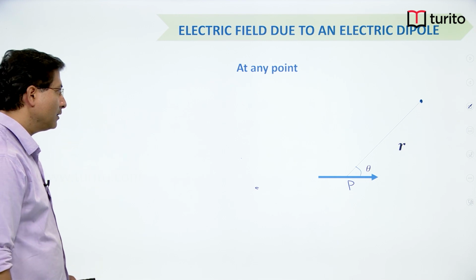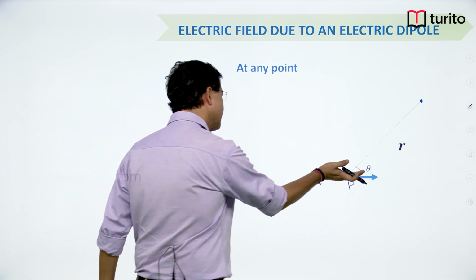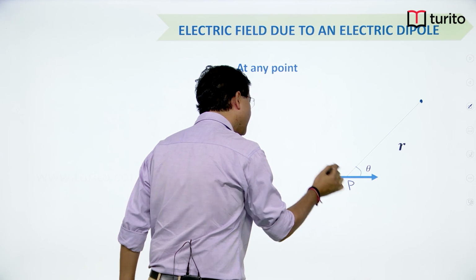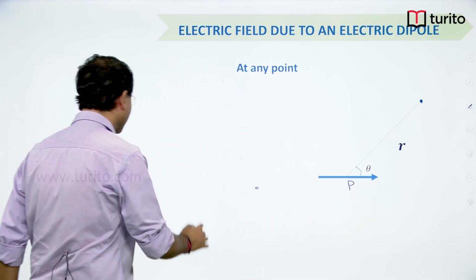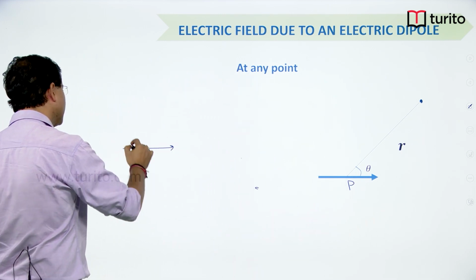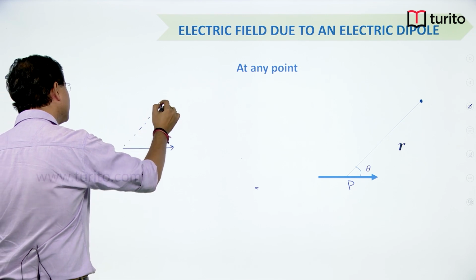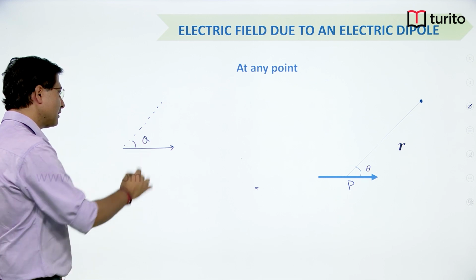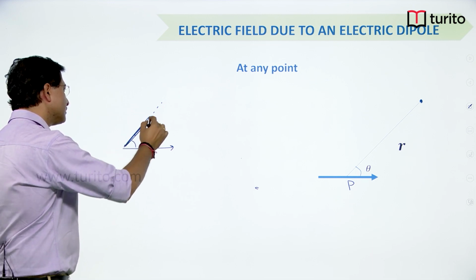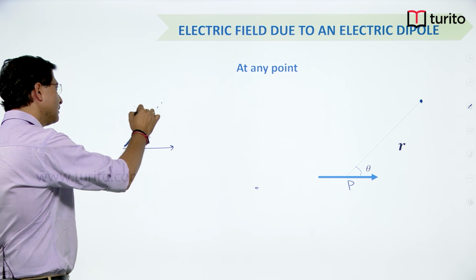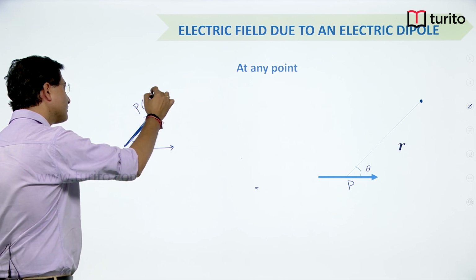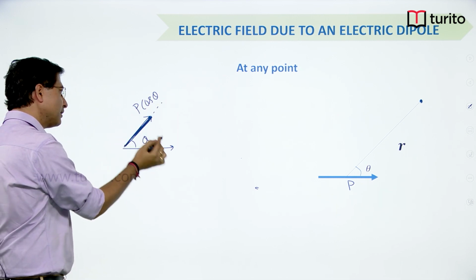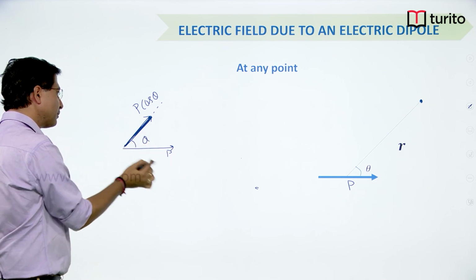So if I resolve, I will get this as P cos theta and this as P sin theta. If this is the vector and I want to resolve the vector in two mutually perpendicular directions and this angle is theta, this component along the angle is cos theta, you can easily remember, along the angle cos theta and perpendicular to that.